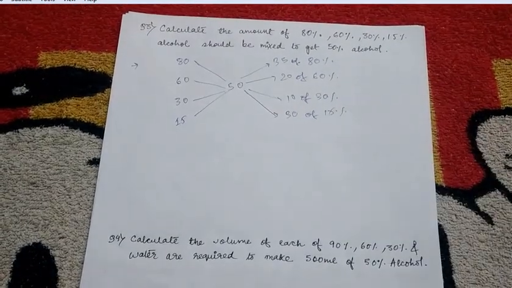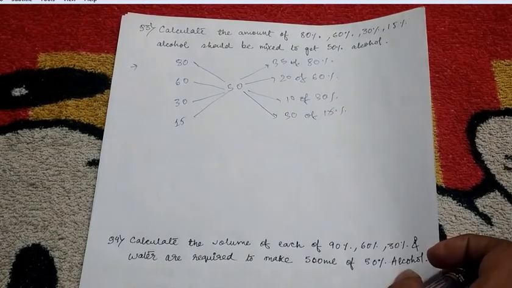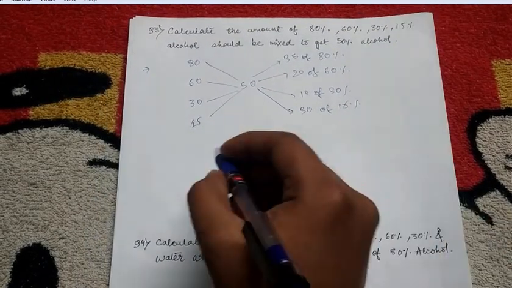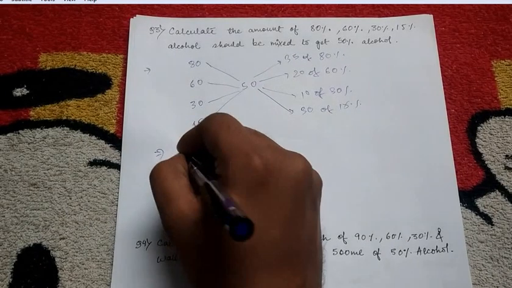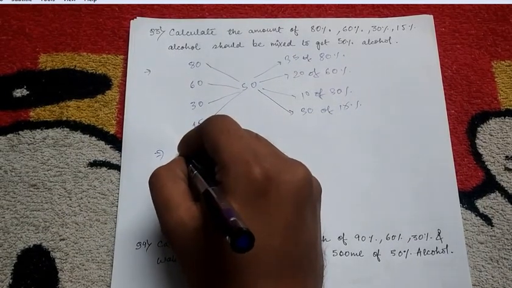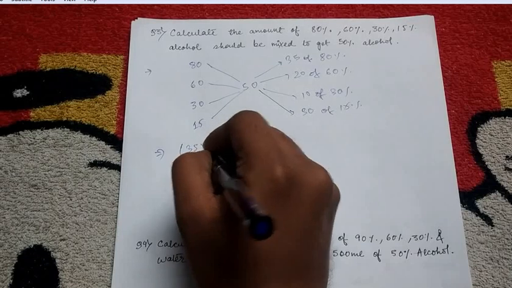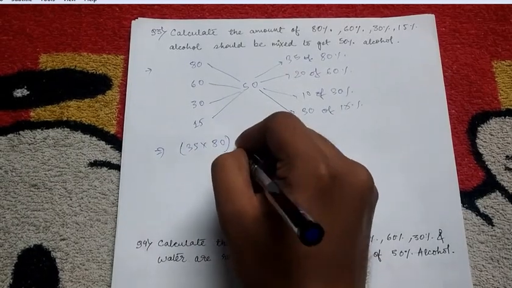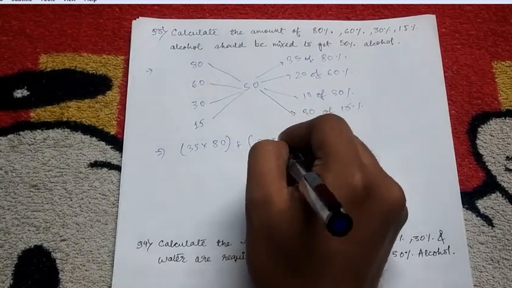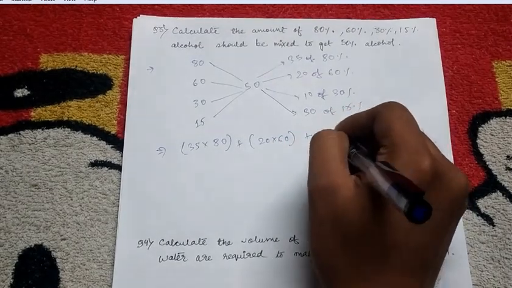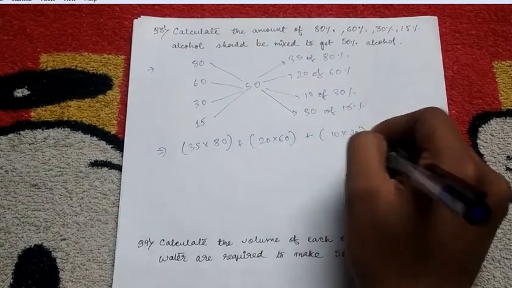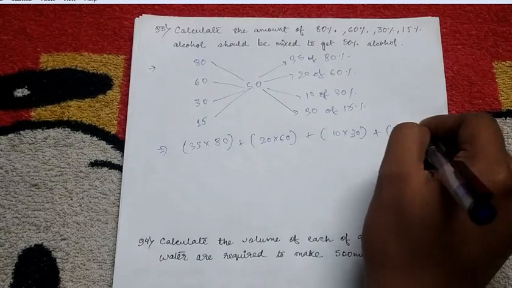So now we just have to multiply the parts with the percentage and add to get the total amount. 35 into 80 plus 20 into 60 plus 10 into 30 plus 30 into 15.